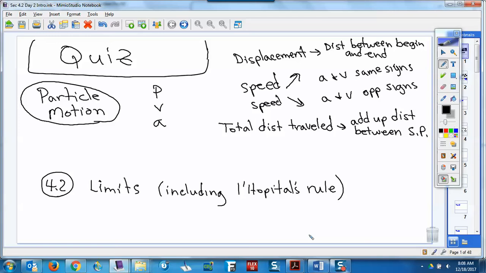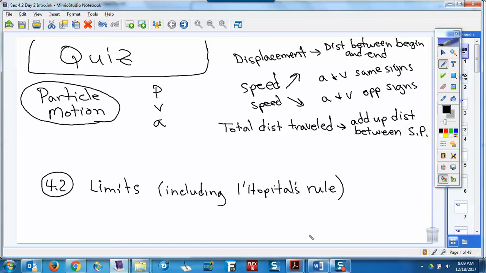And we added some other things too. Displacement is just the distance between the starting point and the end point, even though it moved around. If I drive from here to Lincoln and back to Gibbon, my displacement would be just the distance from here to Gibbon. That's the difference between the beginning and the end, the net distance traveled. For total distance traveled, I'd have to add up the distance between my stationary points, or resting points, so we need to know when we stop.